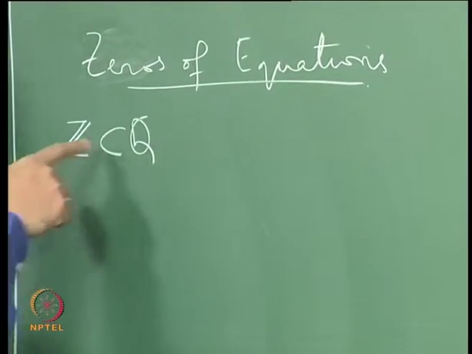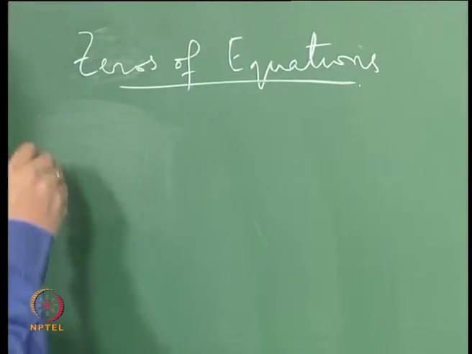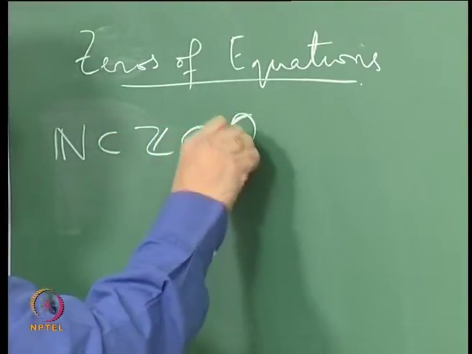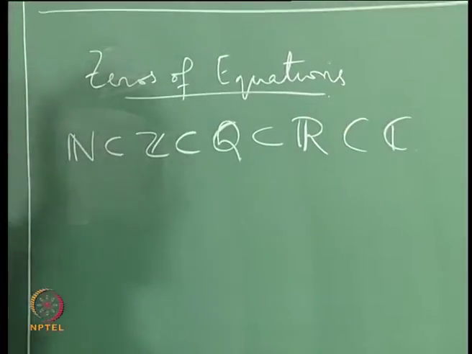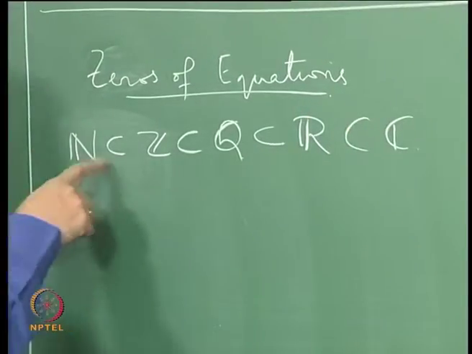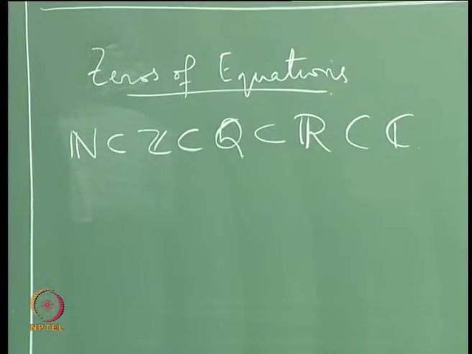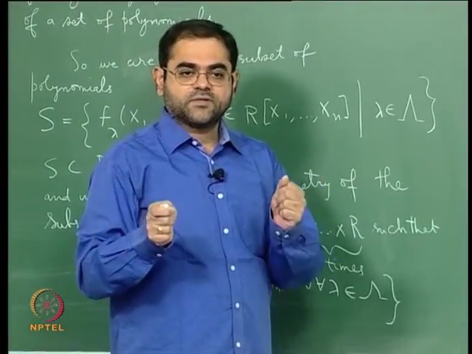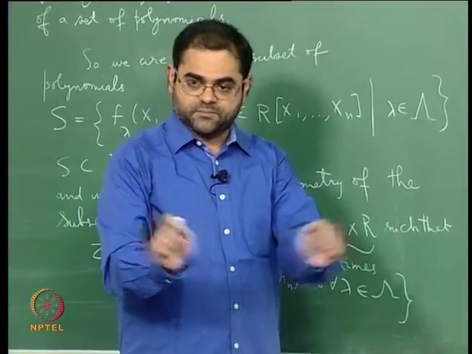I can take natural numbers, then extend them to integers, then there is a field of rational numbers, then a field of real numbers, and a field of complex numbers. This is how it goes, and every time you have a bigger number system, essentially because you want to solve equations. Number systems become bigger and bigger because you have some equations for which you don't have solutions, so you have to make your set of numbers bigger.